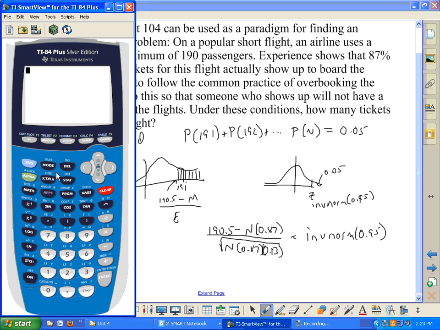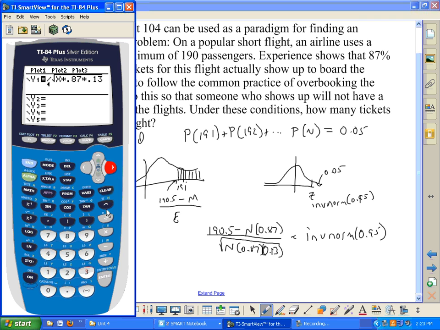In the calculator, into y1, I'm going to plug this. Instead of n, I'm going to use x. Need parentheses around the numerator: 190.5 minus 0.87x, in parentheses, divided by the square root of x times 0.87 times 0.13.